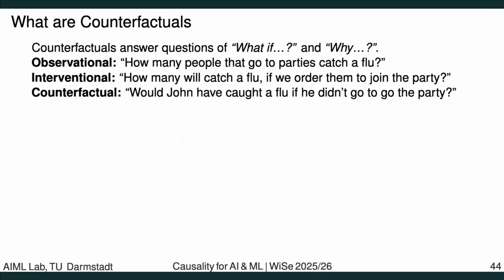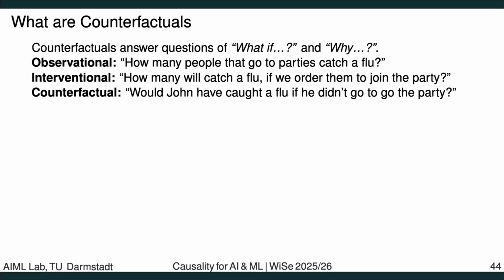So yeah, again, this is what we've talked about before. So observational really is how many people that go to parties catch a flu, right? So this is conditioning, like maybe there is some confounding between going to a party or being open to go there and the immune system, don't ask me, but this is classical conditioning. Then what if we order people to join a party?